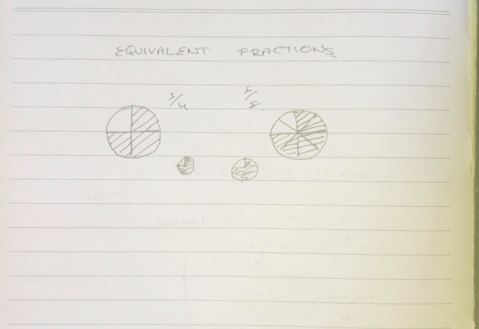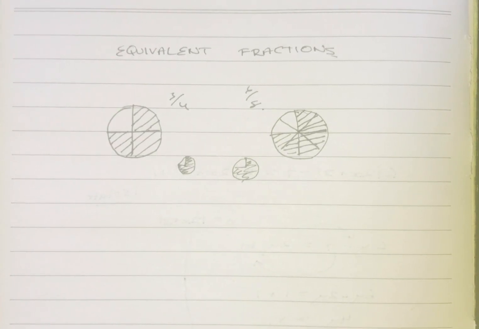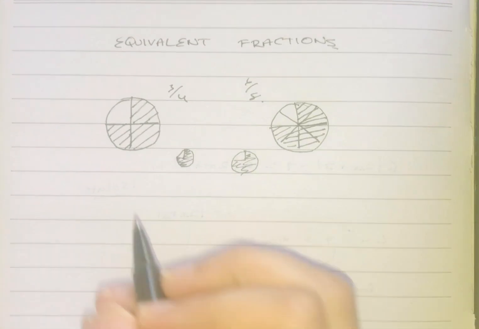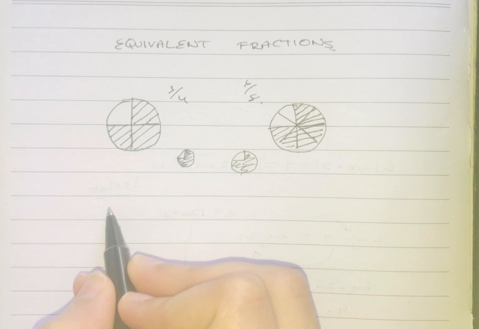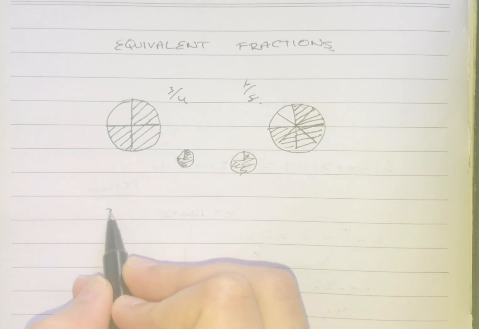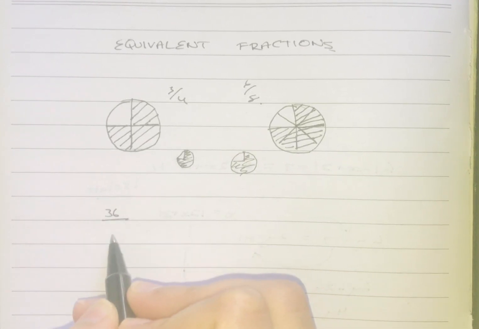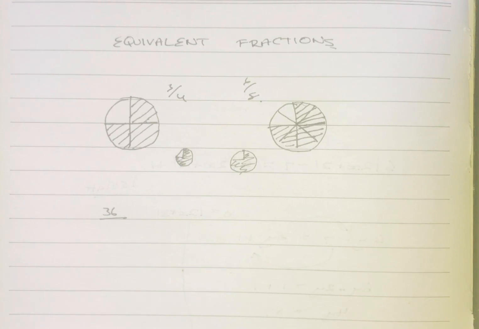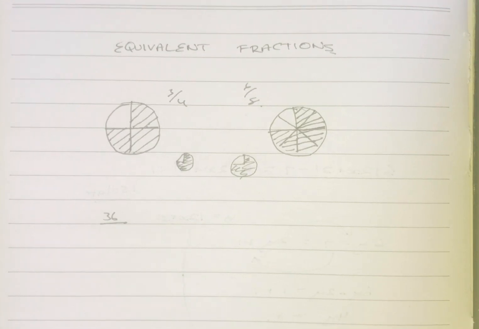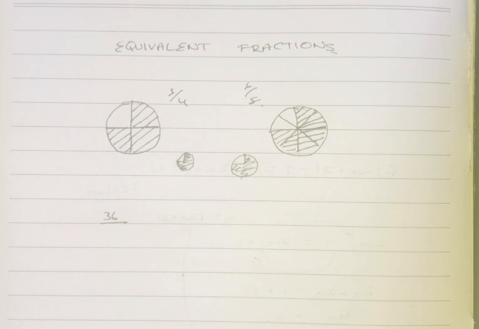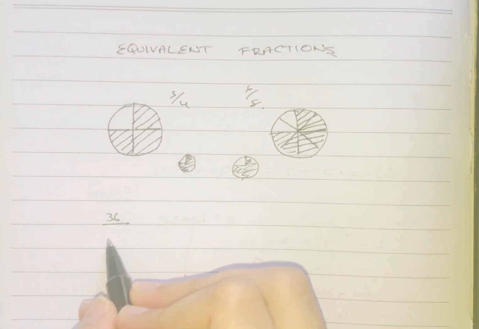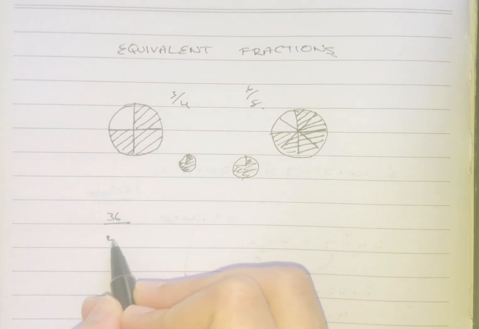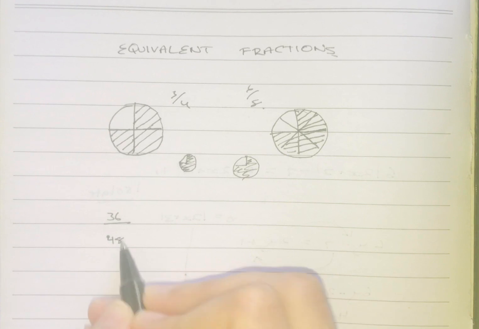So how do you find equivalent fractions? Usually they're found within the simplifying process. For example, most of the time we get answers like, let's use 36 over 48.